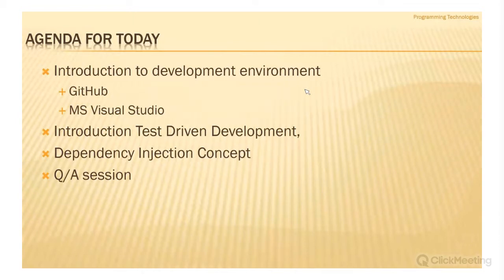But dependency injection is required in task one. Therefore, it is very important, I think, to understand the concept of dependency injection. Again, I'm not going to provide you all details about dependency injection. It's a huge topic.